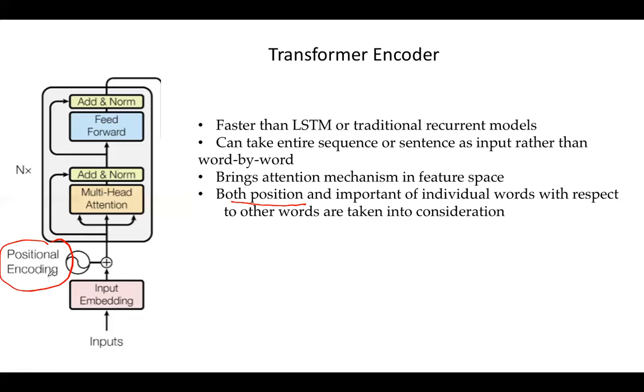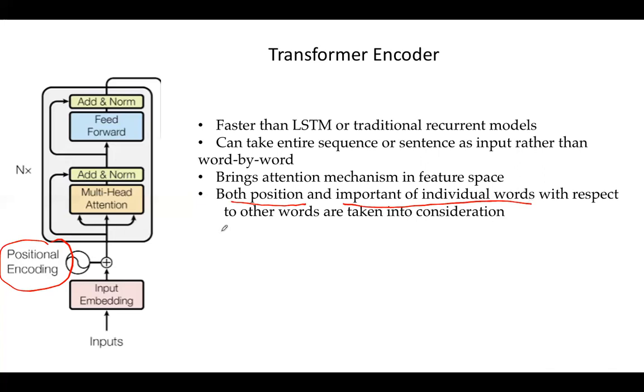For example, if I use the same word in the beginning of the sentence, it can mean something completely different if the word is used towards the end of the sentence. That's why position information is very important to encode into the feature space, as well as gathering the importance of individual words with respect to other words in a sequence.